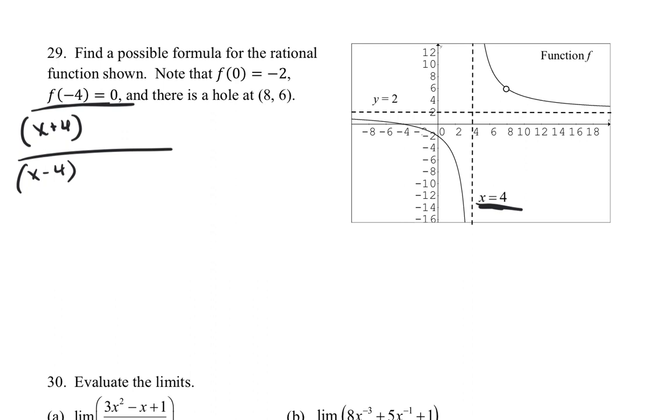And we also have a hole, so that goes in both the numerator and the denominator. Great. So now we have to find our leading coefficient, and that can be found from our endpoints. This one goes to 2, this one goes to 2, so that means A is going to be equal to 2.